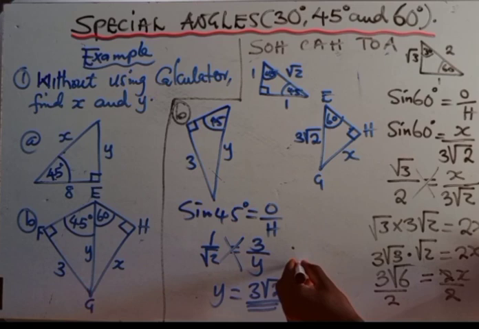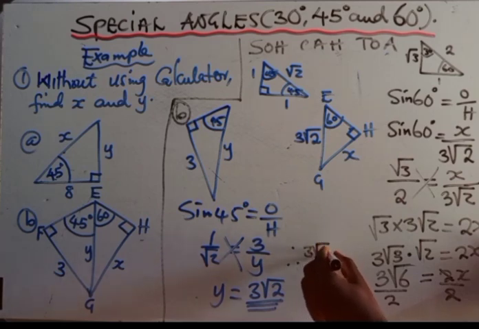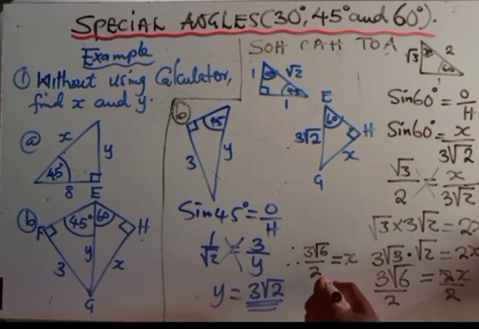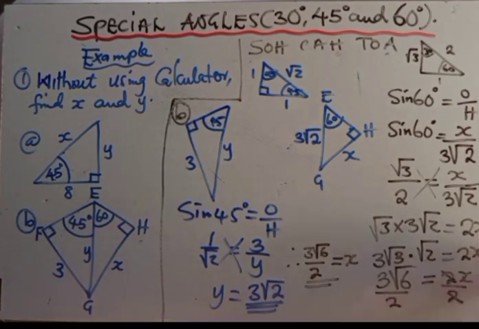So therefore our final answer will be 3 root 6 over 2 is equal to x. So the value of x in that question number B is 3 root 6 over 2.